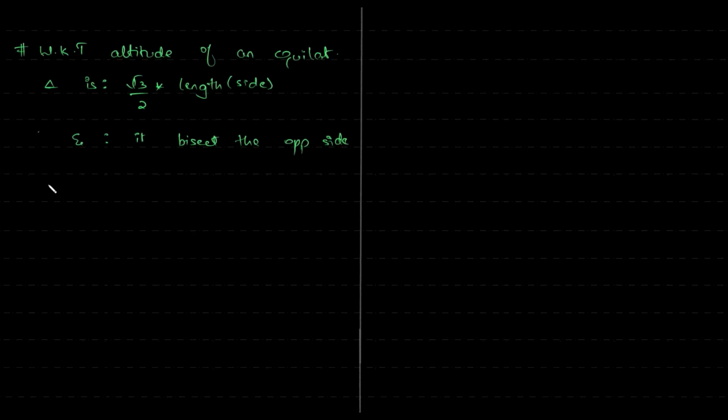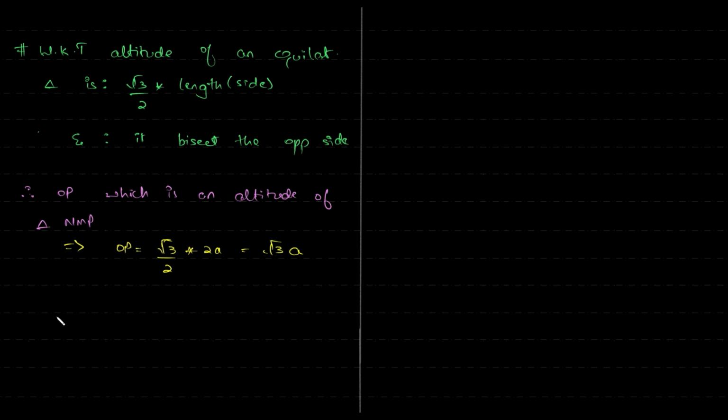Okay, therefore OP, which is an altitude of triangle MNP. So from this we can imply that OP is root 3 by 2 times 2a, which is root 3 a.